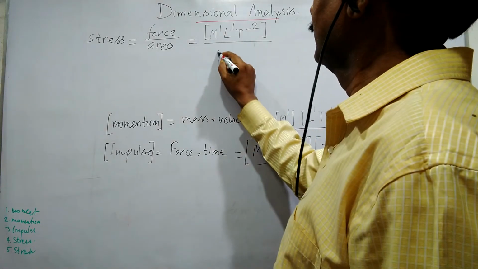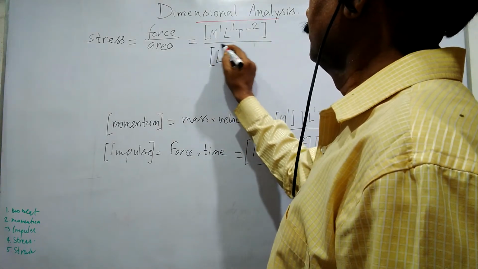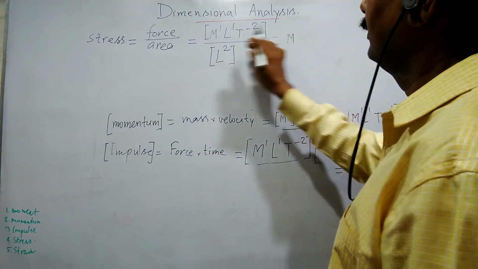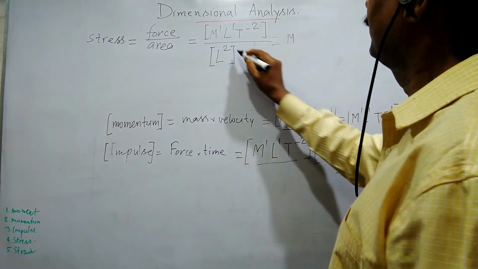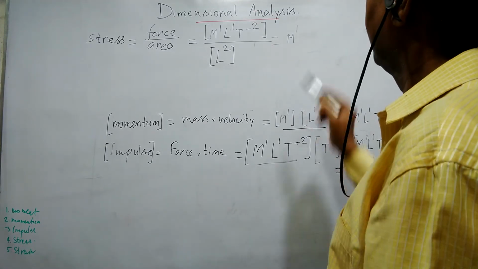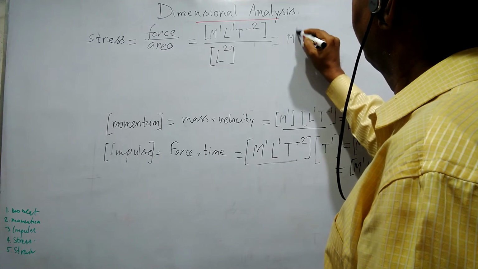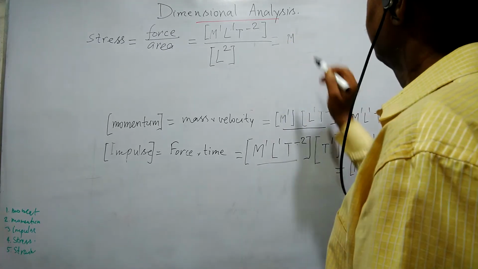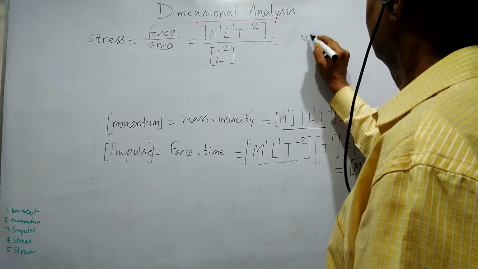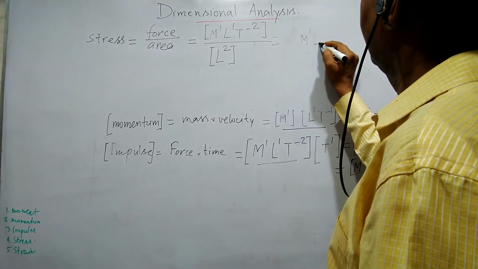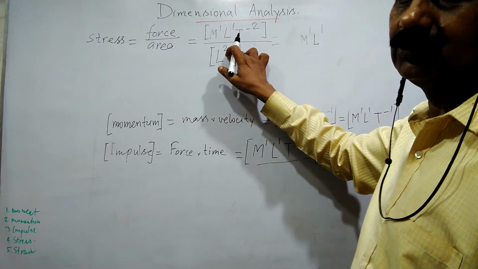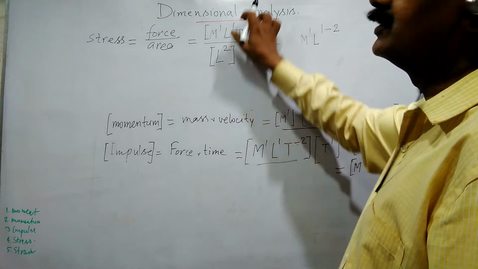Now take area. Area is what? Length square, that is L to the power 2. Now combine it. M is only 1 available here, M to the power 1. L is available here with power 1, and here the power is 2, so it will be minus 2, and T to the power minus 2.